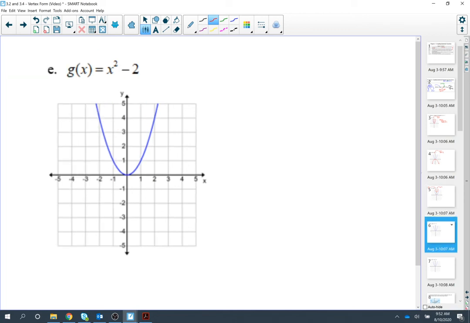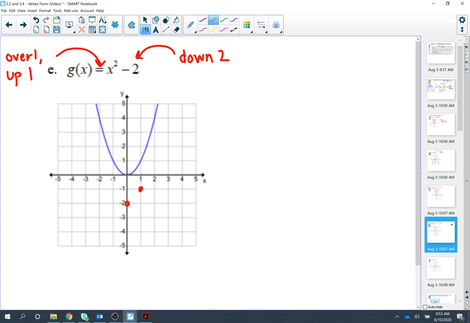Next one, x squared minus 2. Same thing. I don't have an a value, but I do have a minus 2. The minus 2 is on the back, and that minus 2 is just going to tell you to move your parabola down 2. So I go from 0, 0, down 1, 2. There's my new vertex. Then my a value is going to say from my vertex, go over 1, up 1.